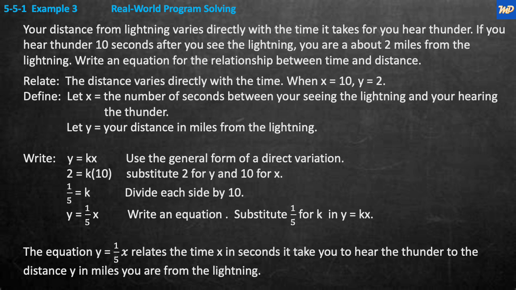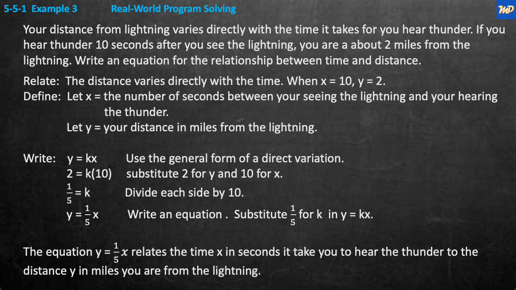And the distance is the 2, and the time is in seconds, 10 seconds. It says, let x equal the number of seconds between you seeing the lightning and your hearing the thunder. Let y equal your distance in miles from the lightning.